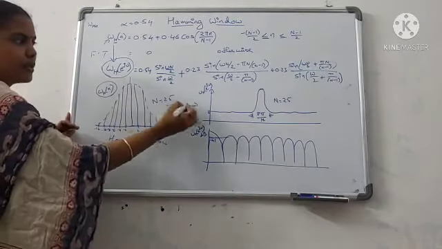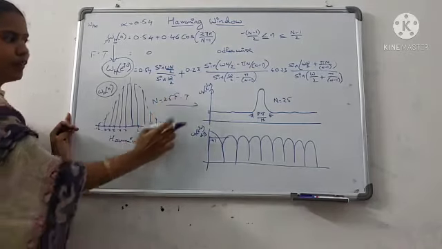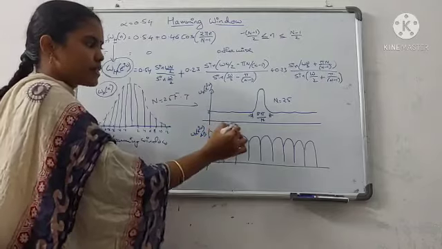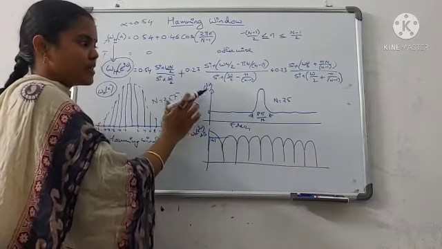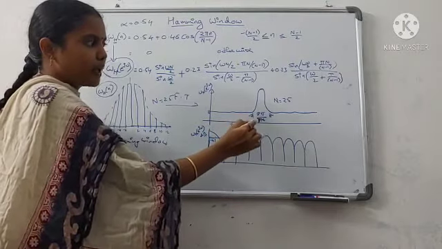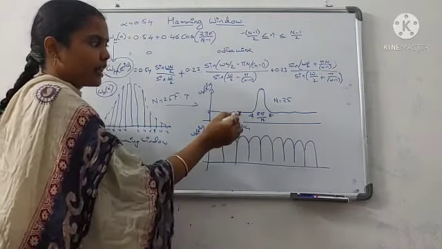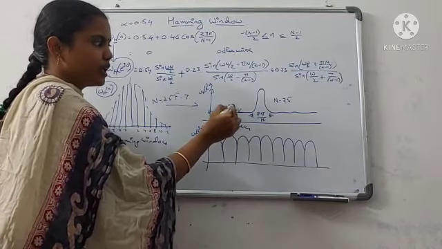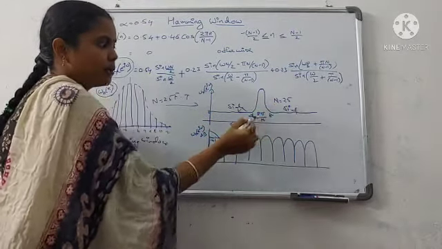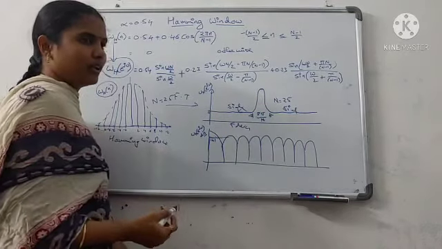The Fourier transform of the Hamming window is this: the normalized frequency response of the window. Here the main lobe is 8 pi by N, and these are the side lobes.